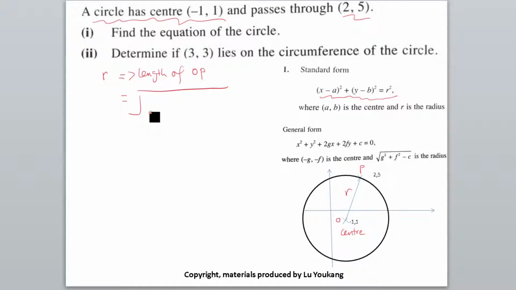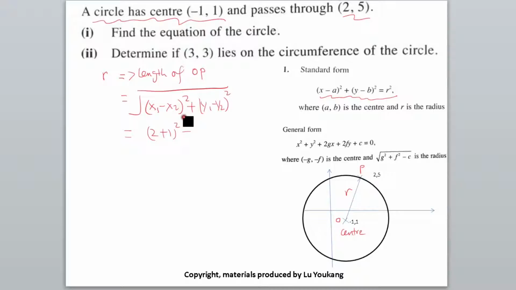So if you remember the formula for the length of a straight line, it should be the square root of (x1 minus x2) bracket square plus (y1 minus y2) bracket square. I should not write x to the power 1, I should write x1. Very important, x1 should look like that.